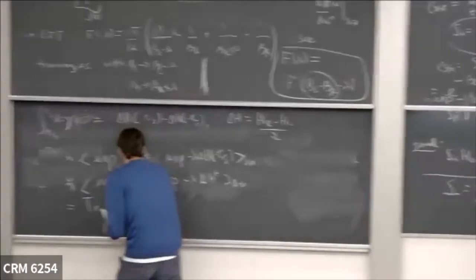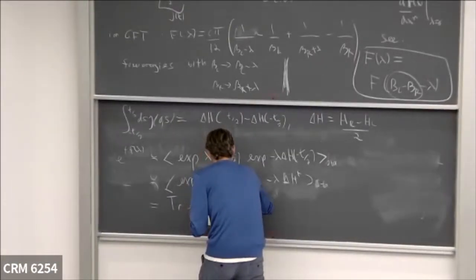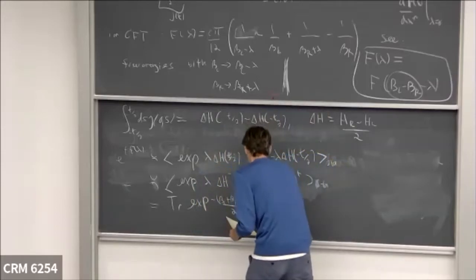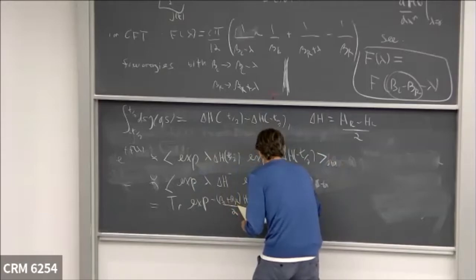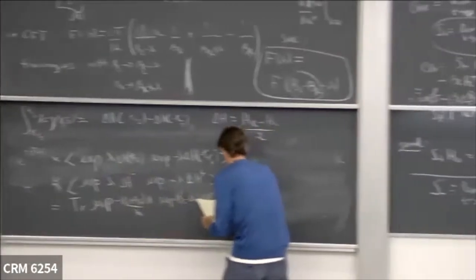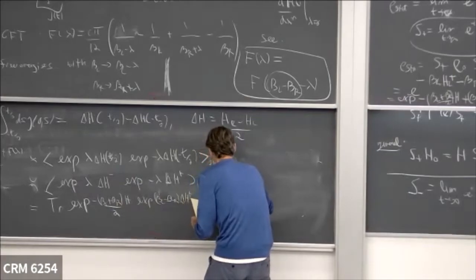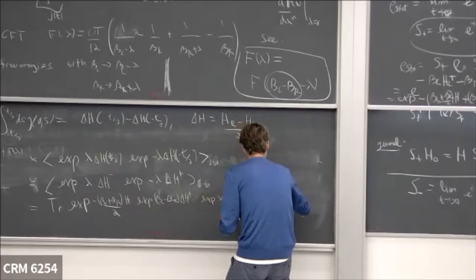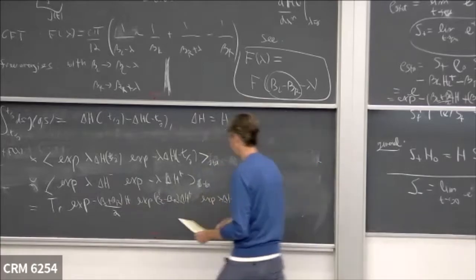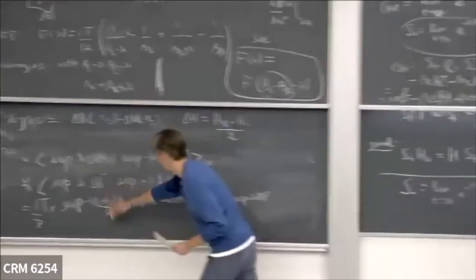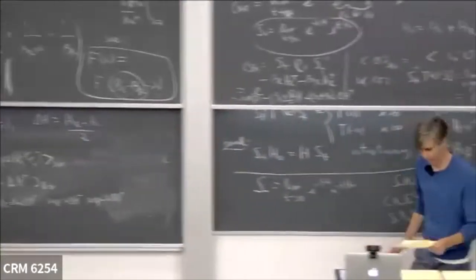So there's minus beta left plus beta right over 2 times H, then exponential beta left minus beta right delta H plus, and then the other thing there: exponential lambda delta H minus and exponential minus lambda delta H plus. And all this in the stationary state, and I put the 1/Z there, which is just the normalization of the stationary state and will not affect the calculation. Okay. So trace of all that.